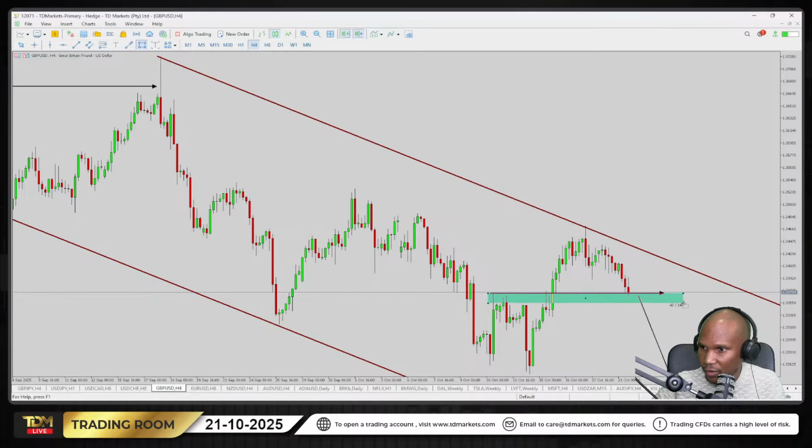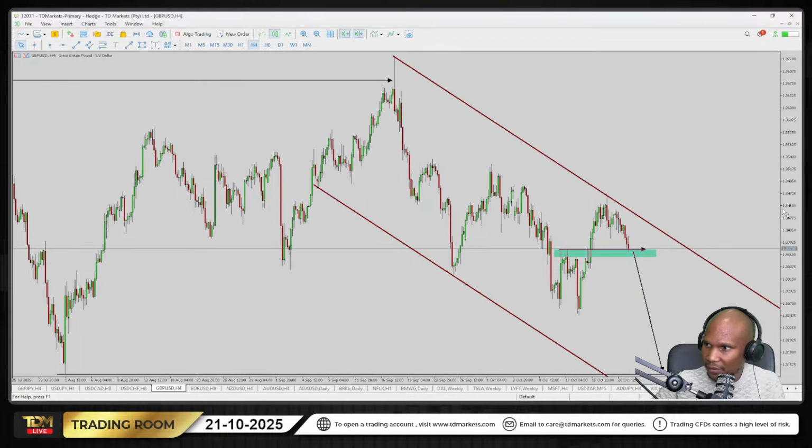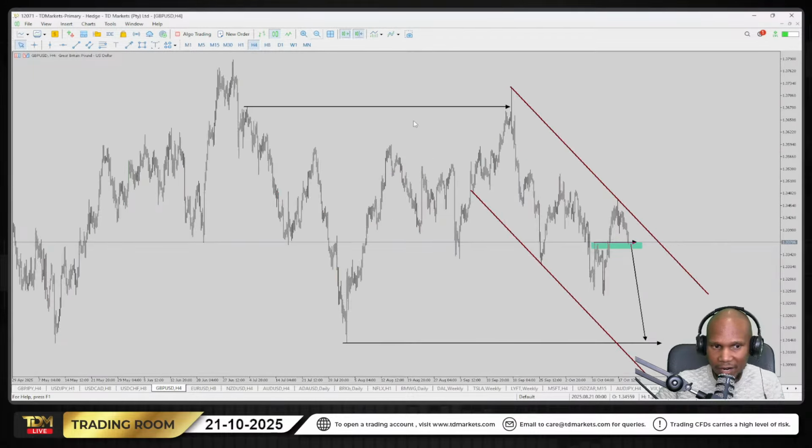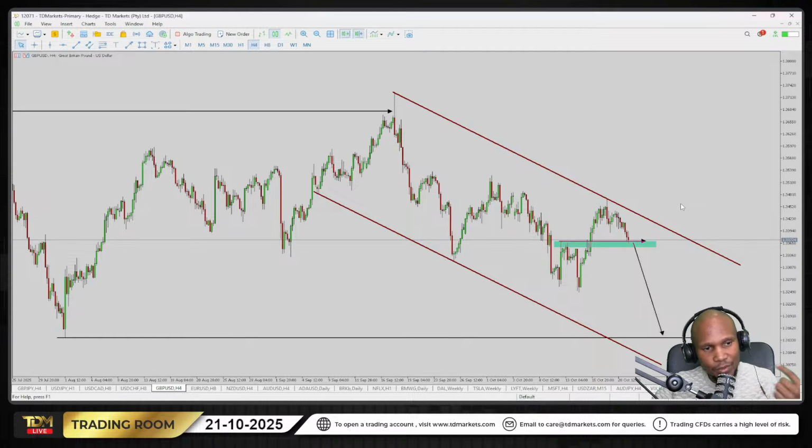All right, so same old script, guys. That's why I'm saying that you see this year, or at least at the moment, it's much simpler. Not easy, but simpler to trade the markets. Much simpler because the concepts that we see price create are simple to understand.